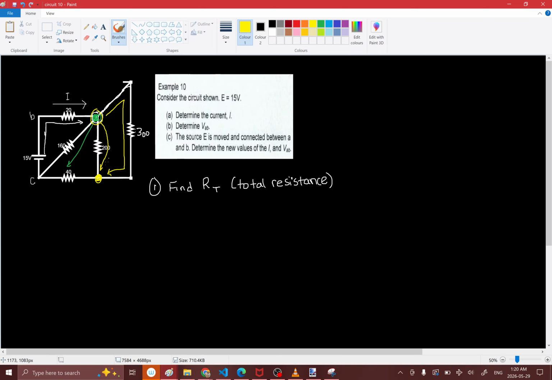So that means that this 200 ohm resistor is actually in parallel with this 300 ohm resistor. So we can replace these two branches with a single branch that has the equivalent resistance.